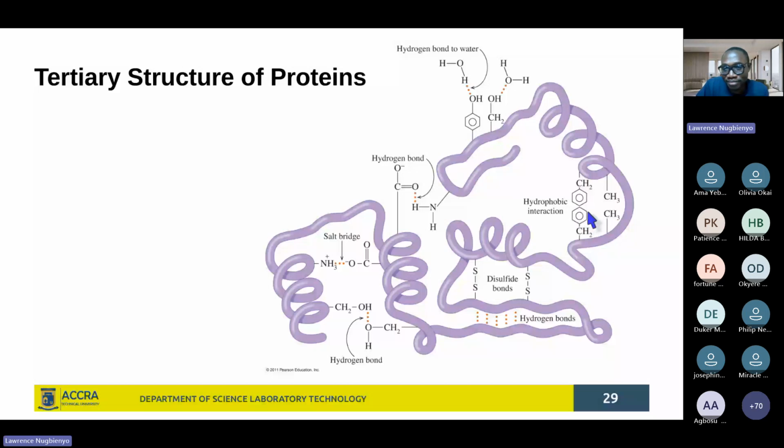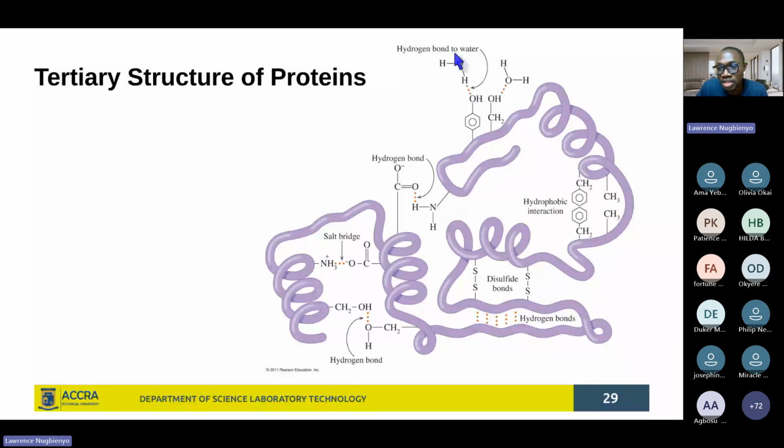And at the top, you are seeing a depiction of hydrogen bonding with water molecules. That is to say that if you have this whole protein in an aqueous solution, of course, there will be amino acids in there which are hydrophilic, like this is depicting tyrosine, the ring with an OH on it can be having some hydrogen bonding interaction with water molecules.